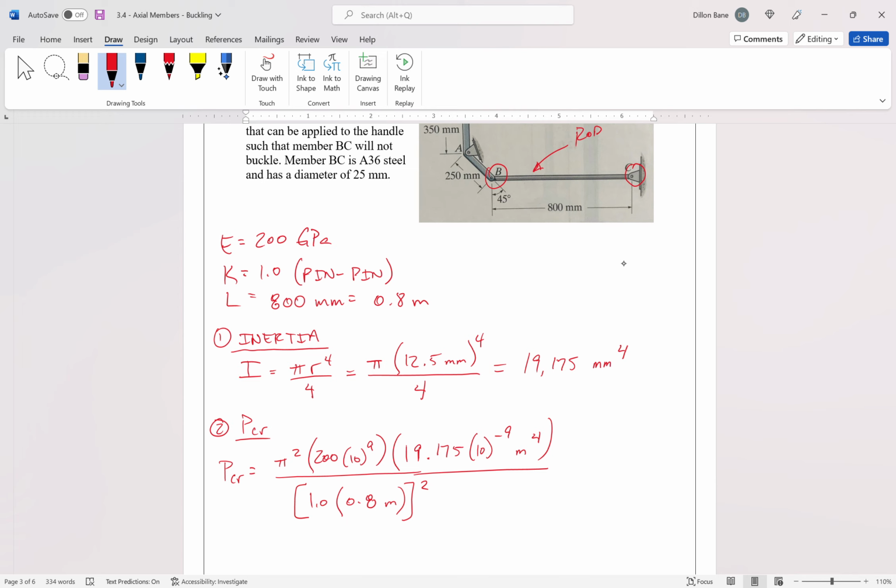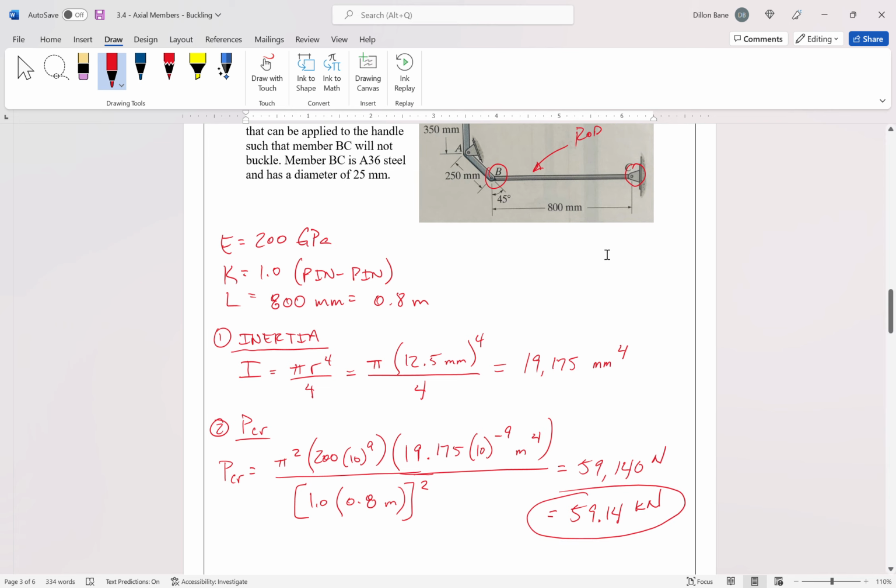The way we've done our numbers, the answer will come out in newtons. 200 times 10 to the 9th is pascals, a newton per meter squared, multiplied by meters to the 4th gives newton meter squared, divided by meter squared gives newtons. We run our numbers and get 59,140 newtons, so call it 59.14 kilonewtons. That's P critical.